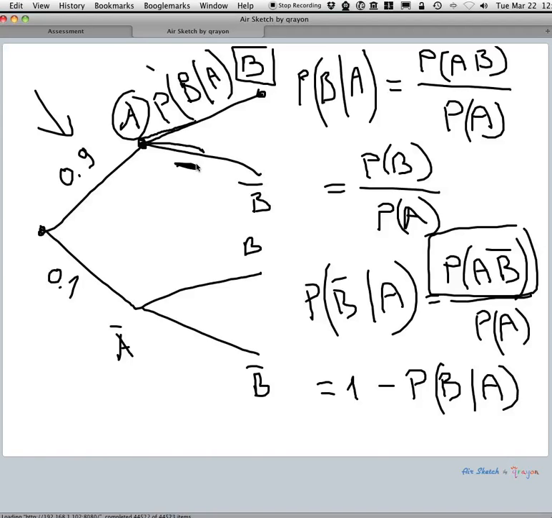So if we can compute the first part, we will be able to compute the second one. The other branches are similar, I mean the lower part of this graph, all this part.